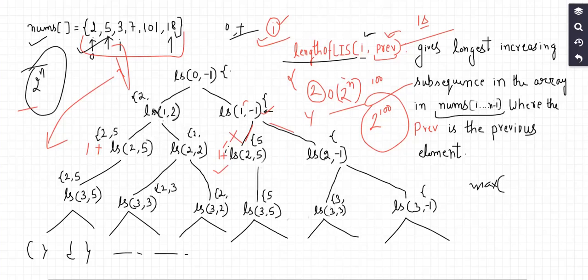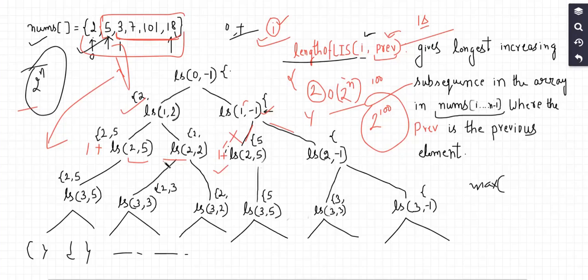If we want to find the longest increasing subsequence for this array, we would like to find the longest increasing subsequence of this smaller array. So if we know that, we can find the longest increasing subsequence of this array as well. So the solution to a larger problem is being built from the solutions of smaller problems. Hence it satisfies the optimal substructure property.